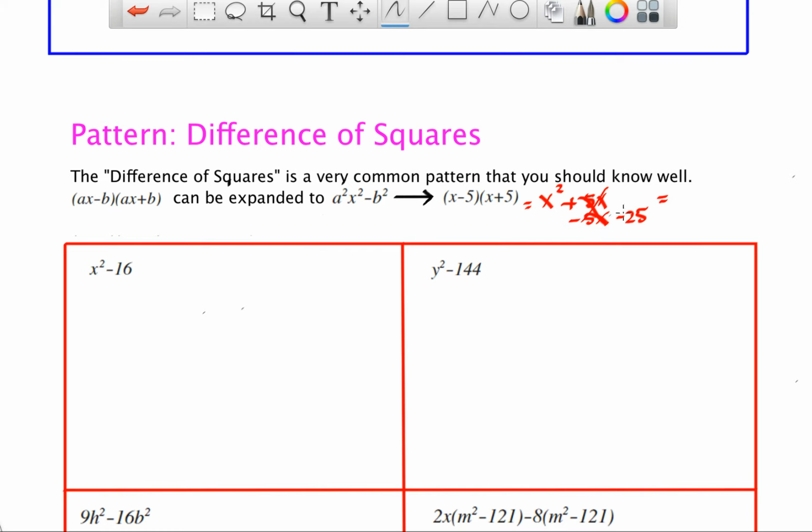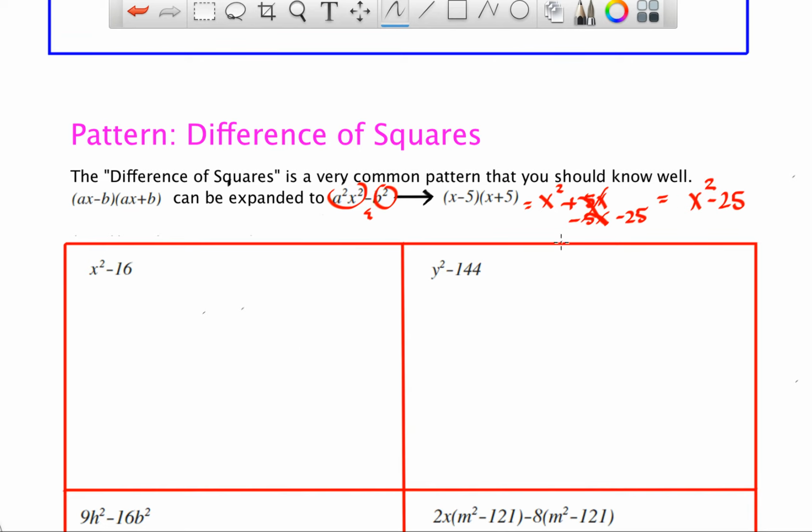And so when you cancel those, you end up with x squared minus 25. And that always happens. If this is x minus 5, and that's x plus 5, you could just square x, get x squared, and square 5, and get 5 squared, and subtract them. And that's what they're saying here. Square your first term, square your second term, and include a negative between them.